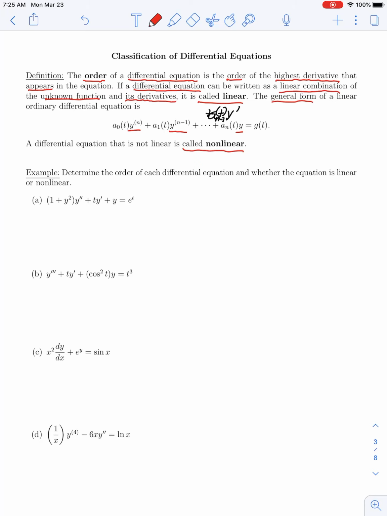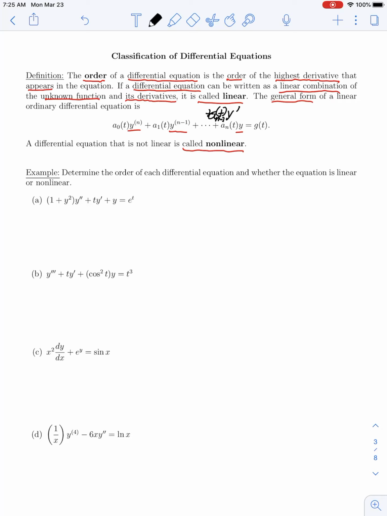So as some examples of classifying differential equations, let's look at the following. So in this next problem, we're given a differential equation, and we are asked to classify it as to its order and linearity.